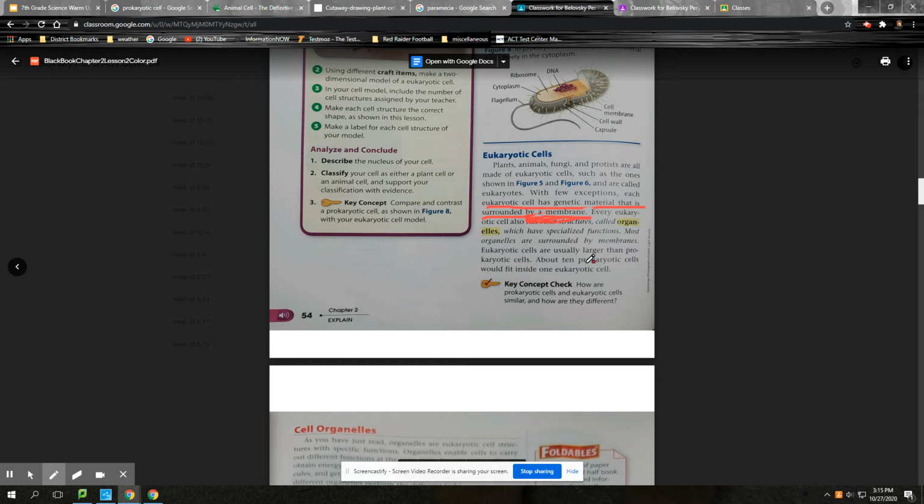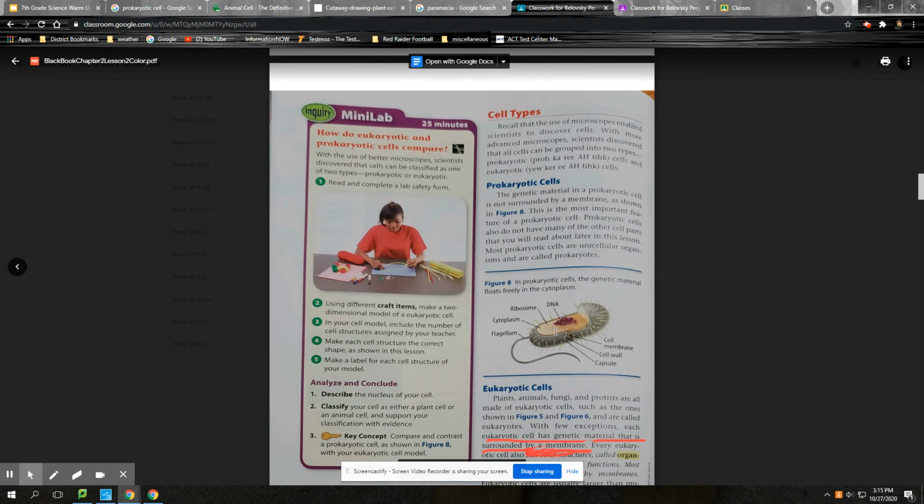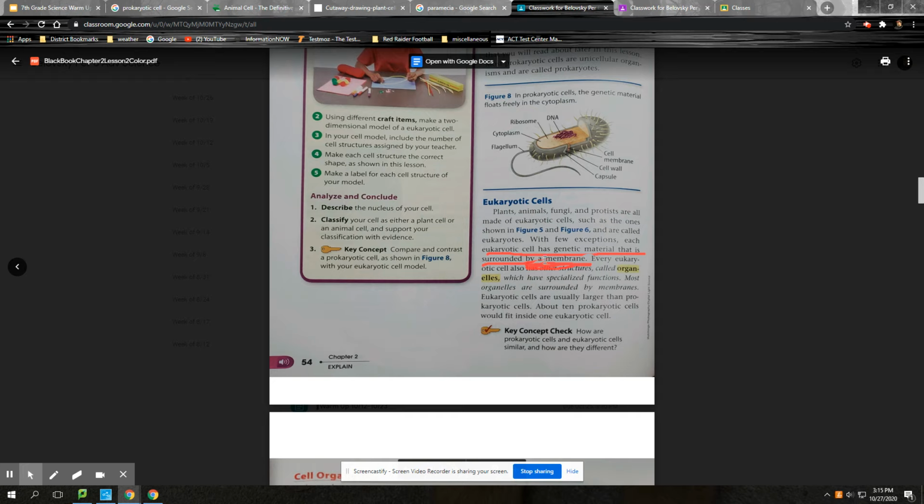In other words, there's a nucleus in a eukaryotic cell, whereas in prokaryotic cells, like this right here, there's no nucleus. This DNA is just lumped up in here, and usually that's a bacteria. Prokaryotic cells do not have a nucleus. Eukaryotic cells do have a nucleus.